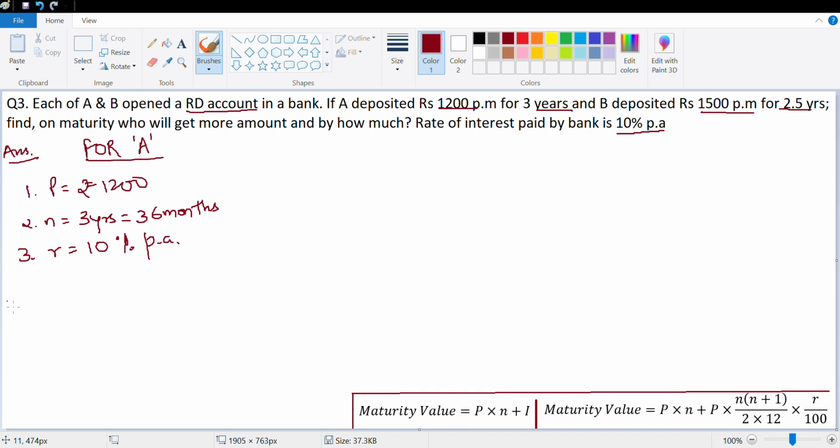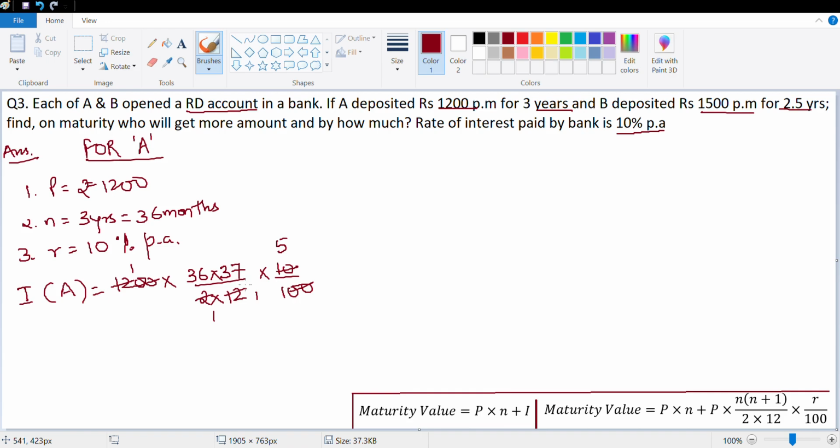So interest for A would be equal to P, which is 1200, into N, in this case 36, multiplied with N plus 1, that's 37, upon 2 into 12 into R, R is 10 upon 100. So 00 and 00 get cancelled.